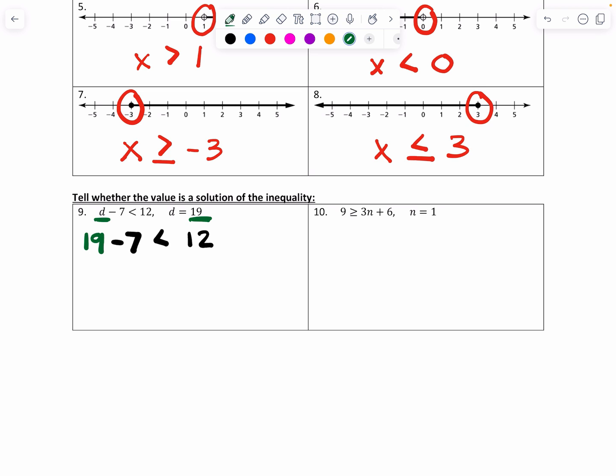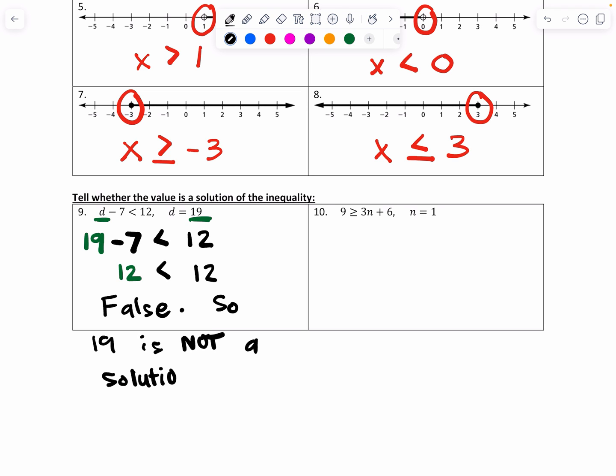What's 19 minus 7? 19 minus 7 is 12. Is 12 less than 12? No. 12 is not less than 12. So 19 is not a solution of this inequality. If we got a true statement, yes, it would be a solution. We did not. It was false, so it's not a solution.